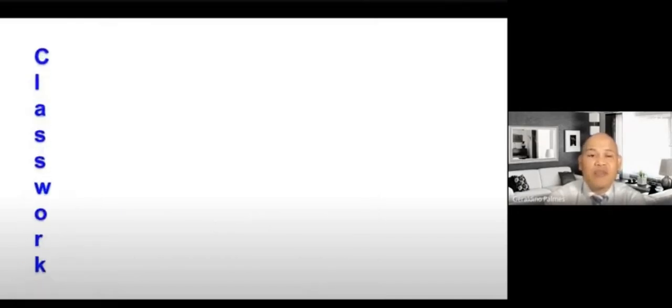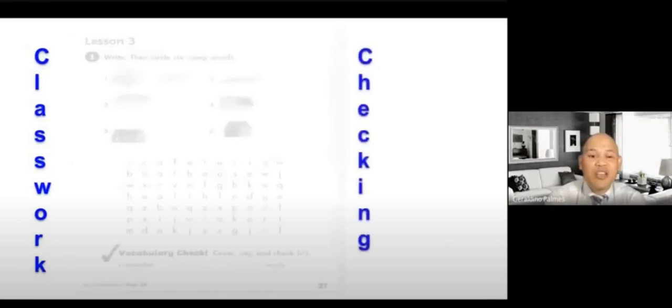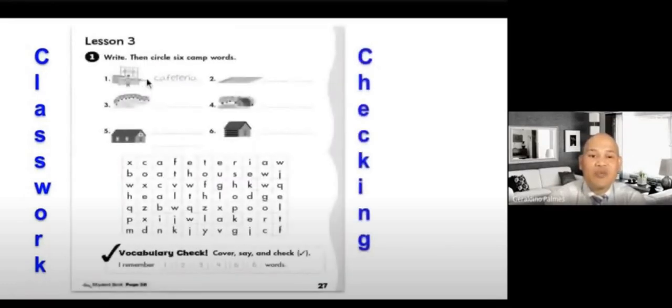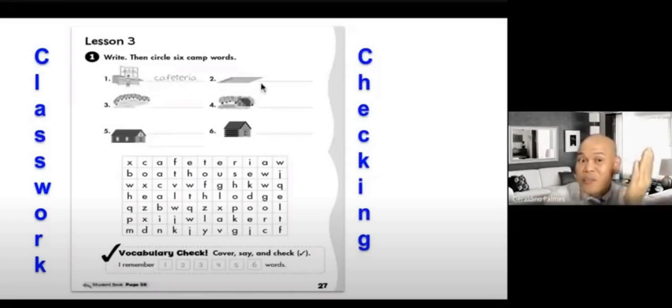What are the vocabulary for lesson number 3? We've got first one right here. Cafeteria. Number 2. Pool. How do you spell pool? P-O-O-L. Very good. Next. Number 3. Lake. Okay, lake. Number 4. Boathouse. Number 5.